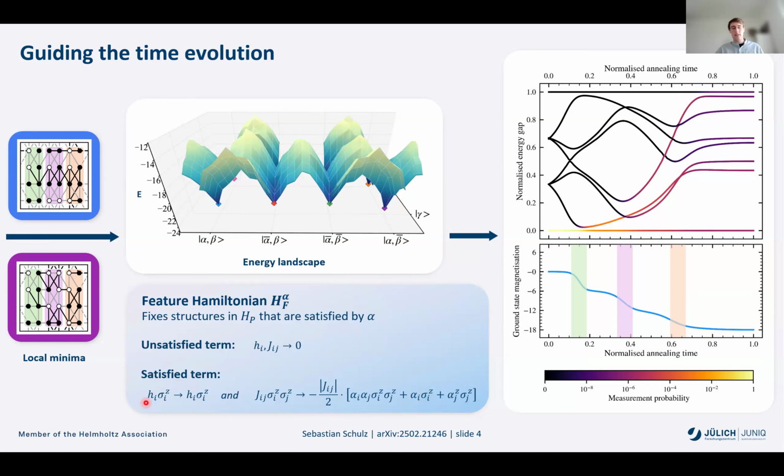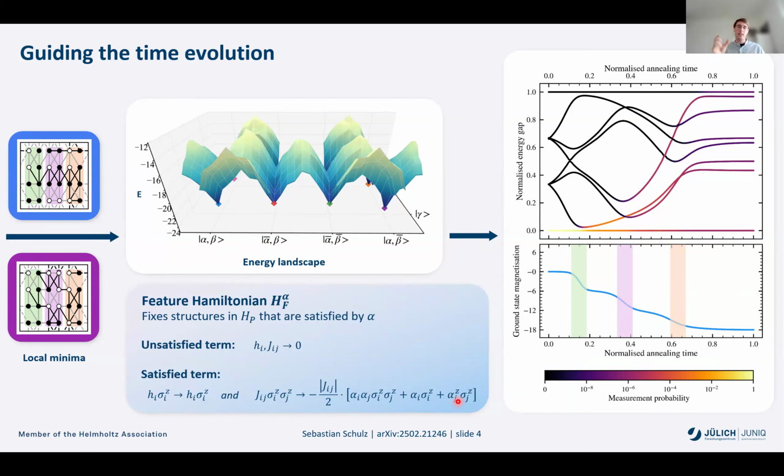So what this does is it leaves the biases unchanged. But for the couplers, we do this transformation, which basically just adds 2 biases to the 2 qubits I and J. The reason why we do this is to lift the degeneracy of the couplers.